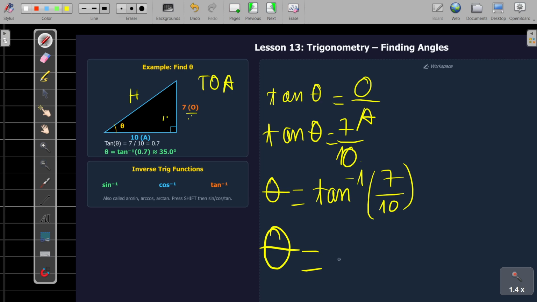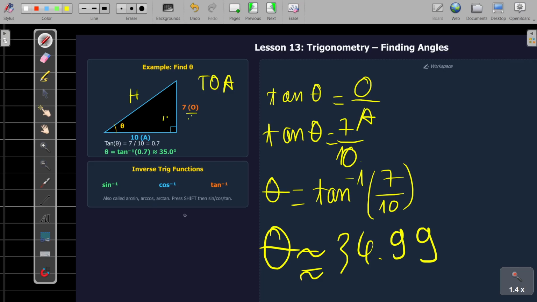After you type in inverse tan bracket 7 divided by 10 close bracket, you should get something like 34.99. The angle is going to be approximately 35 degrees.